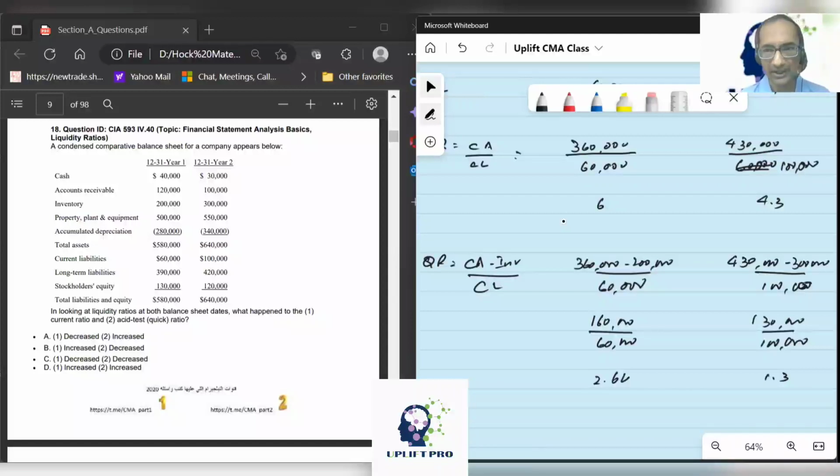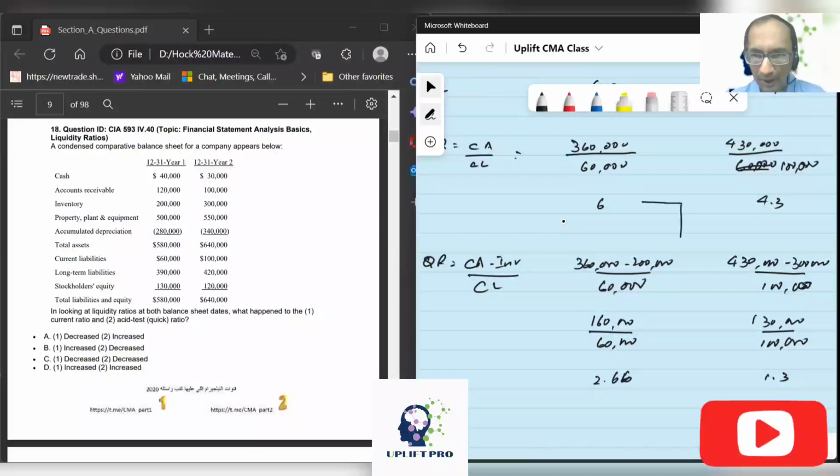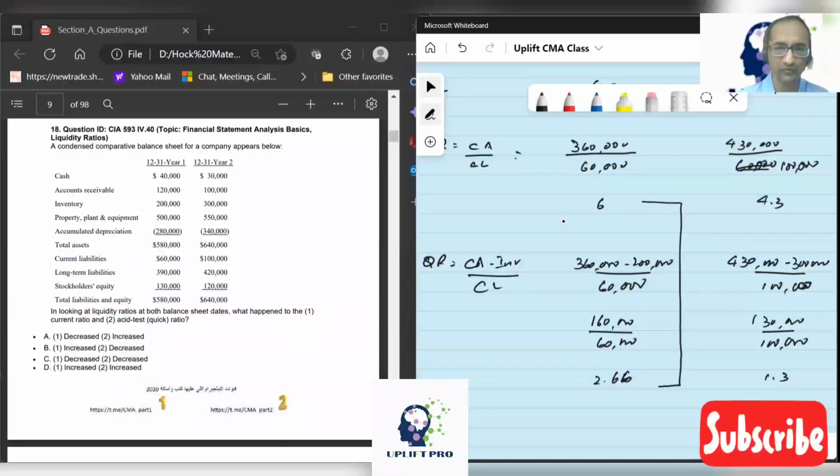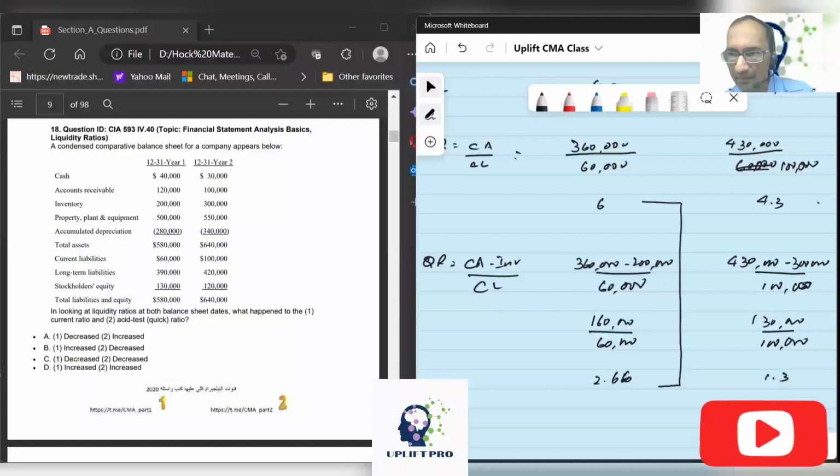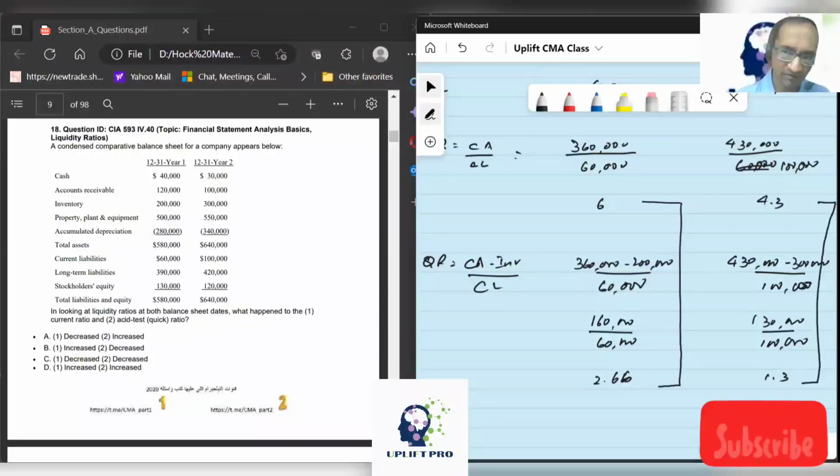So compared to year 2, what has happened? Year 1 and year 2, if you compare, in year 2, it has reduced from 6 to 4.3. Same is with quick ratios. From 2.66, it is 1.3.